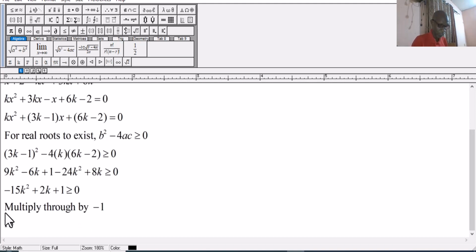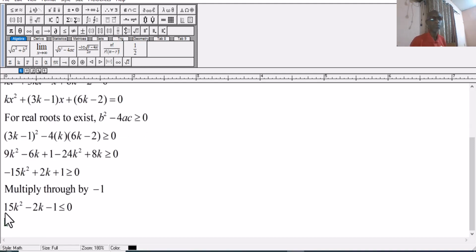So we have 15k² − 2k − 1 less than or equal to 0. We can simplify this: 15k² − 5k + 3k − 1 less than or equal to 0.